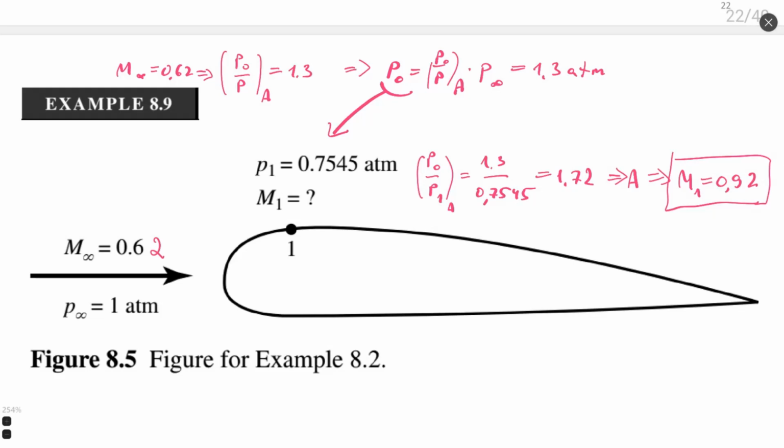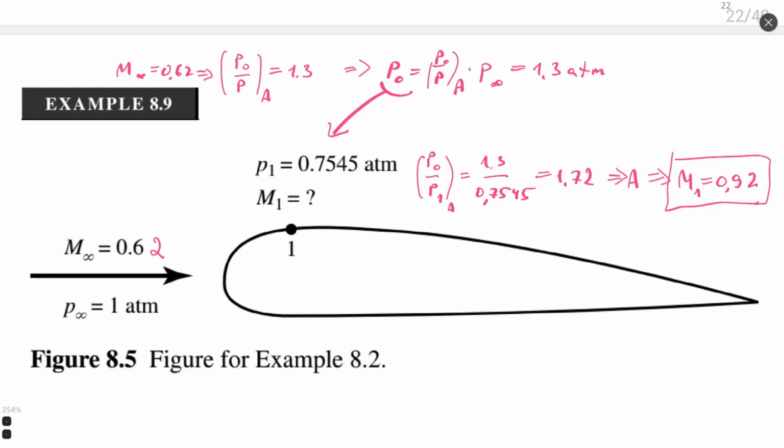Good. Second checkpoint is that flow must remain subsonic to keep condition of isentropic flow. It should not cross over the normal shock wave. So this Mach number must still be smaller than 1.